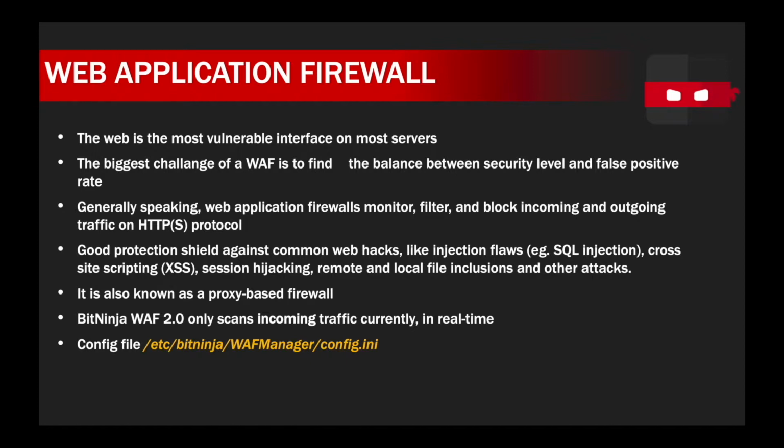Upon activation, BitNinja adds an iptables rule to your NAT table to redirect all traffic coming from port 80 to a port dedicated for BitNinja WAF 2.0. The WAF process analyzes the incoming traffic and makes a connection to your local HTTP server to fetch the actual content. Without any more introduction, let's see it in action.